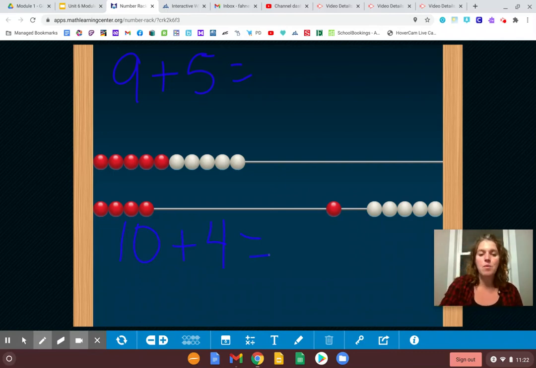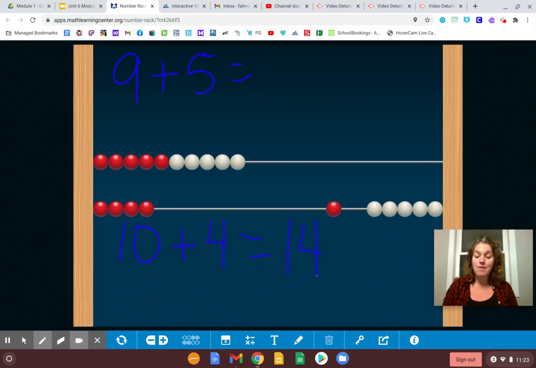I had to give 1 away from the bottom and add 1 then from the top. So I still use the same amount of beads, or of fish is what we're using for our story problem. But 10 and 4 more might be easier for you to do in your head than 9 plus 5. Because 10 and 4 more is one group of 10 and 4 left over, 14.